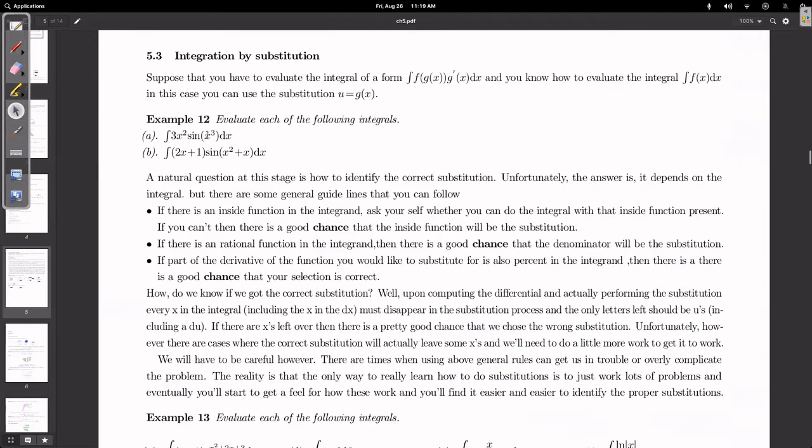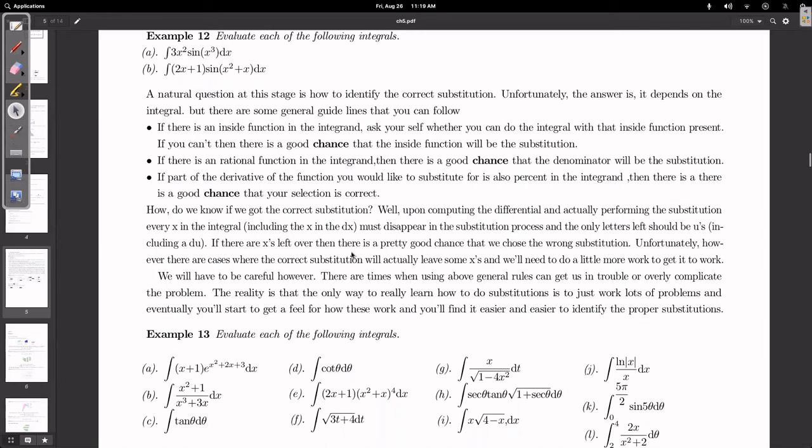I showed you here it's easy. If there's an inside function, there is a good chance our u is this inside function. Then if there is a rational function, u is the denominator. And if there is a derivative of the function, also when we pick u, u's derivative should be present in the problem. These are the 3 guidelines that help us to pick the u.